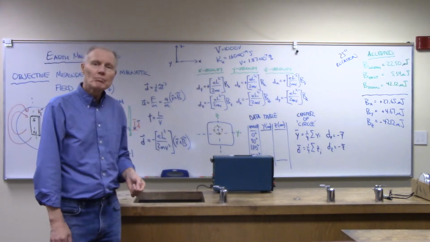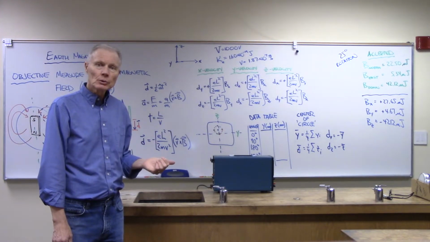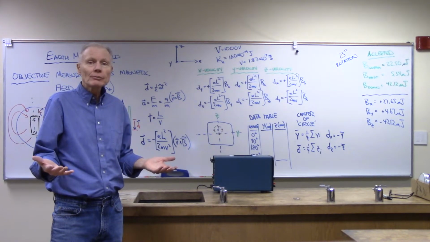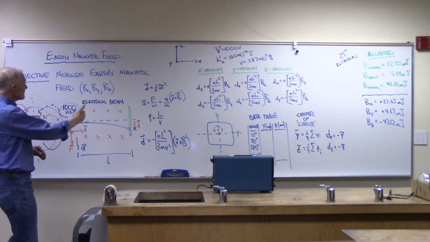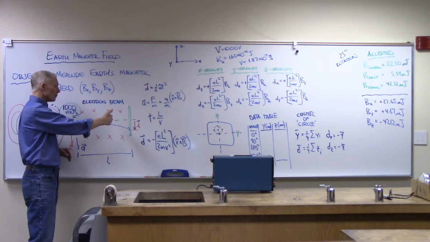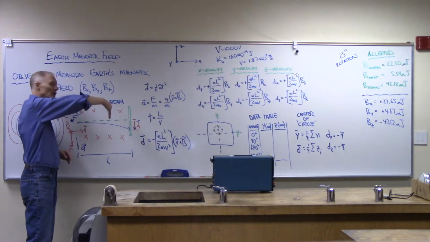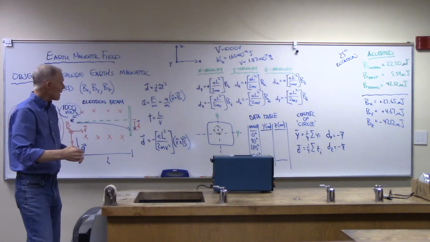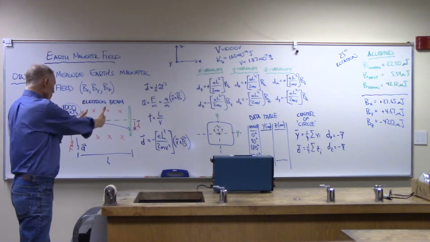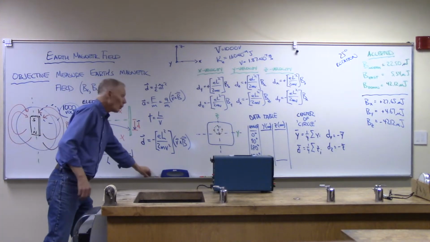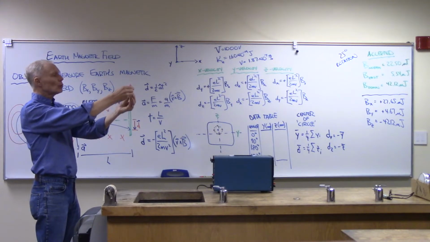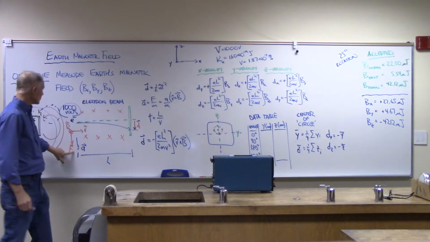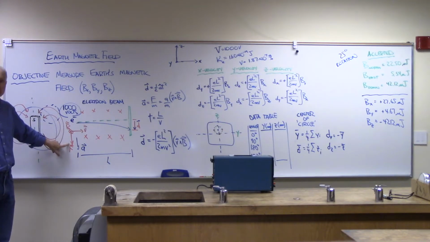So how can we get measurements of the deflection without turning the magnetic field off? And the approach would be this. Well, what I could do is take Earth's magnetic field and rotate it. What if I take Earth's magnetic field, let's say it's going into the board right now, but we rotate it so that as the magnetic field rotates, the direction of the force and the direction of the deflection will also vary.